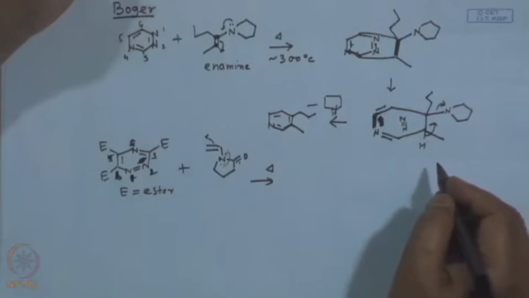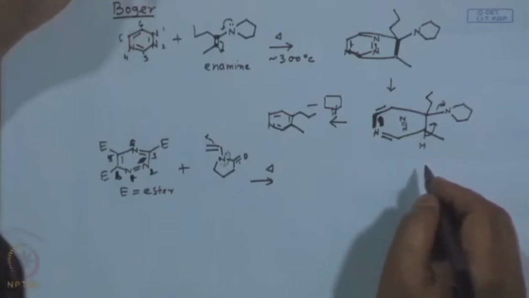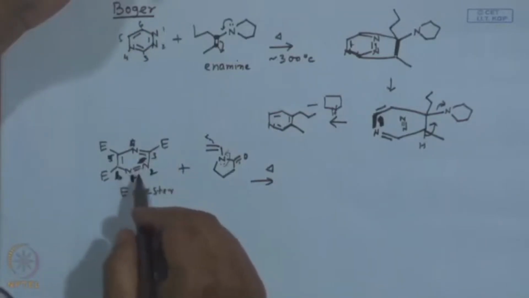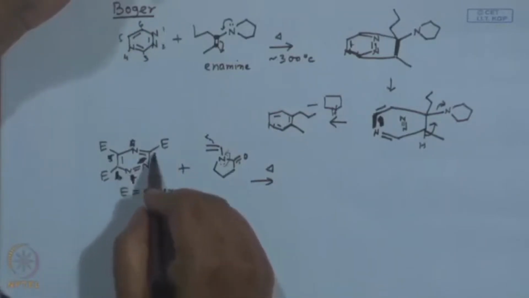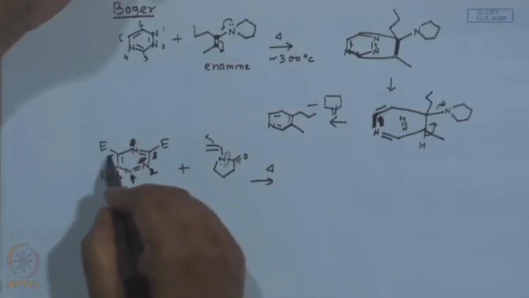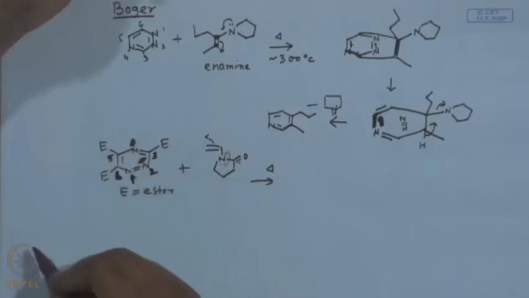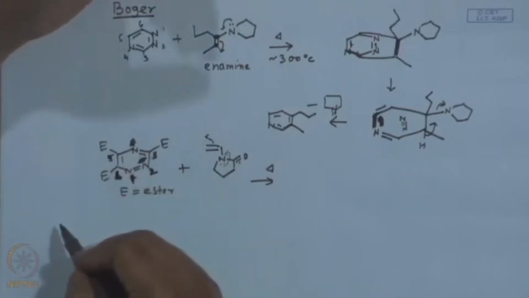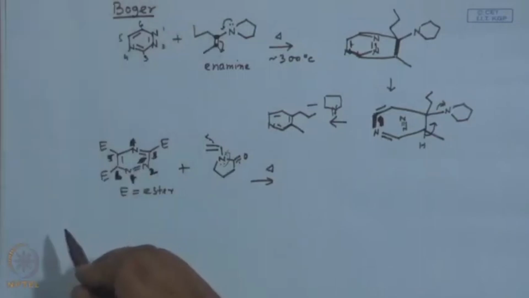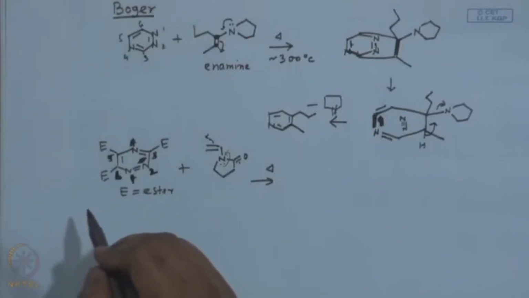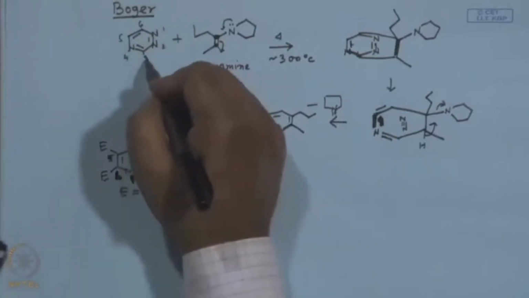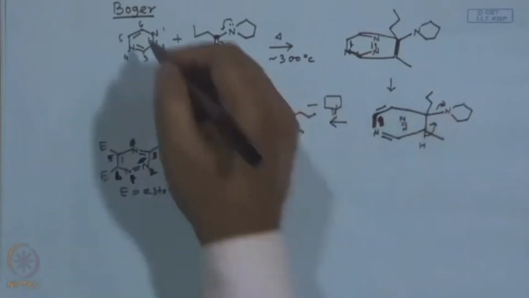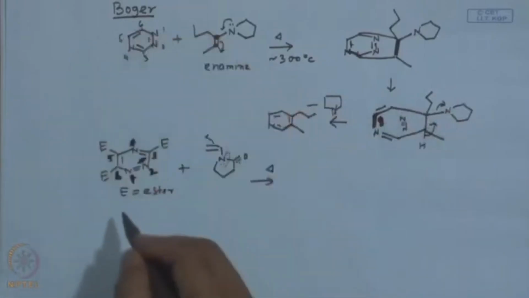Which one? We are saying 1, 2, 3, 4, 5, and 6. So, you have to identify the diene component. In the previous case, you had identified 3 as the most electron deficient carbon, and the diene was 3, 4, 5, 6.